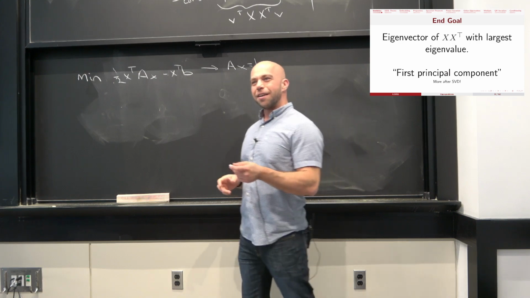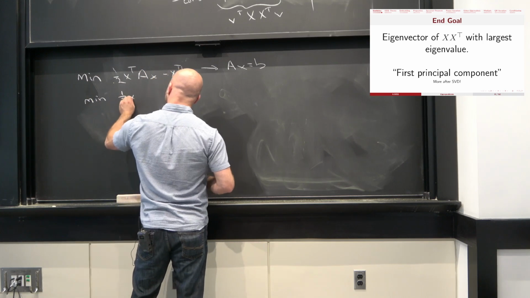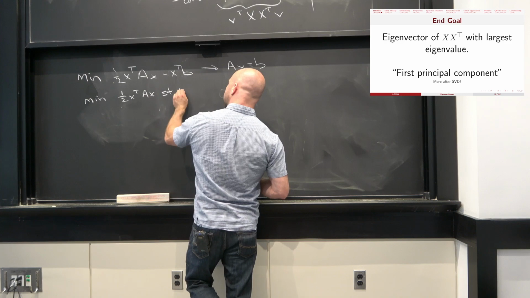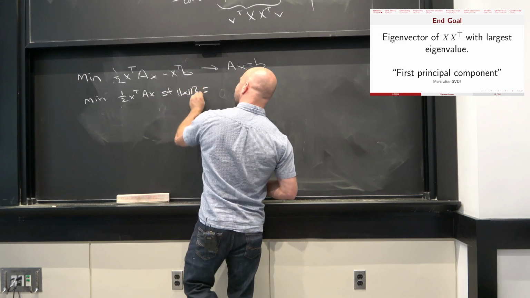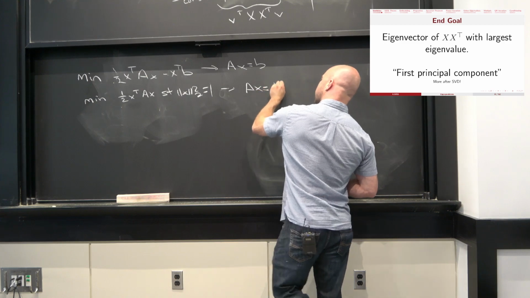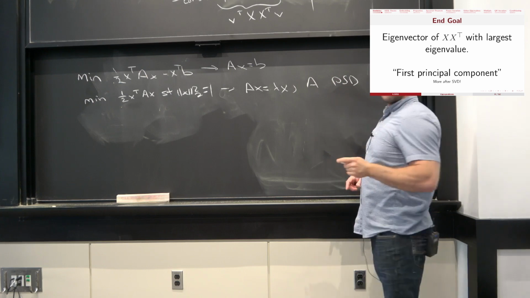Now we've added a new one to our toolbox: 1/2 x transpose A x subject to the norm of x equaling 1 is going to give A x equals lambda x, at least when A is positive semi-definite.